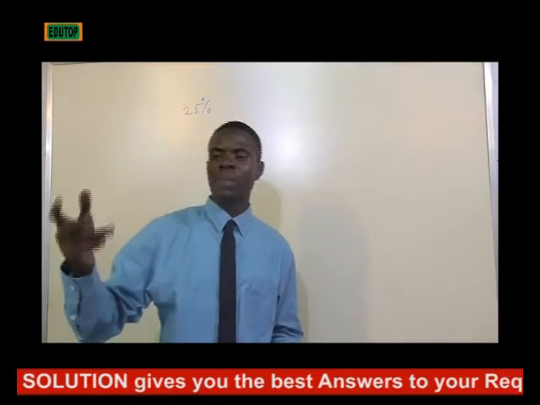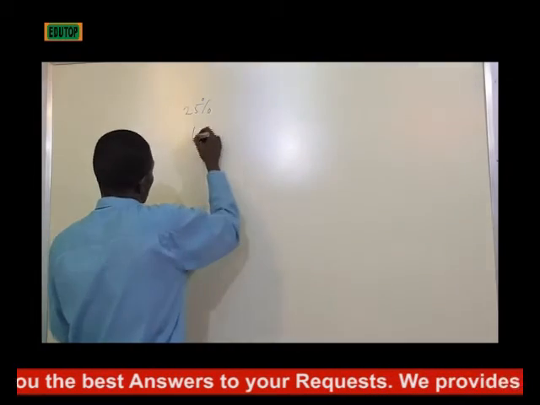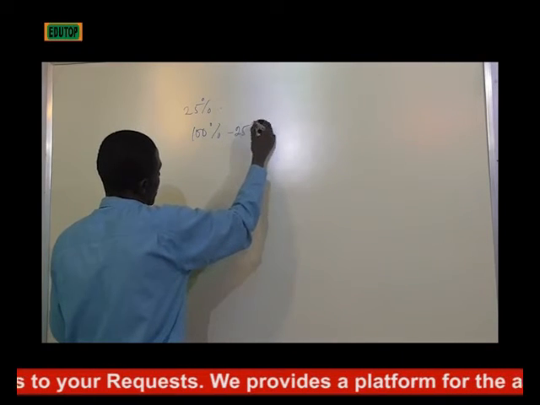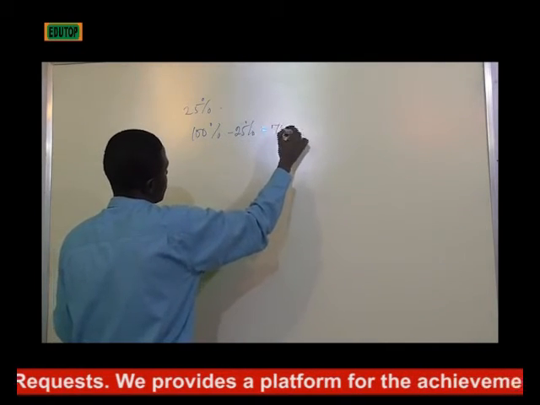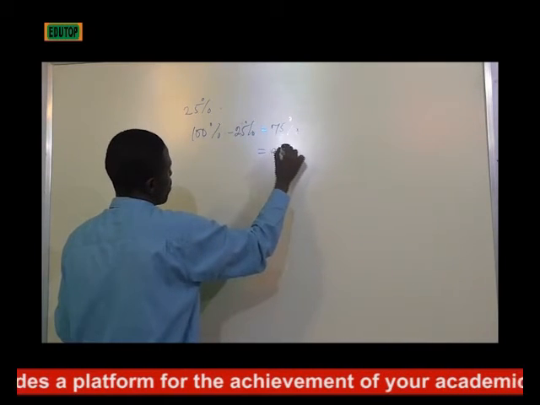And since the depreciation value here is 25%, automatically, you subtract 25% from 100%, and that gives 75%. So 75% is also the same as 0.75.